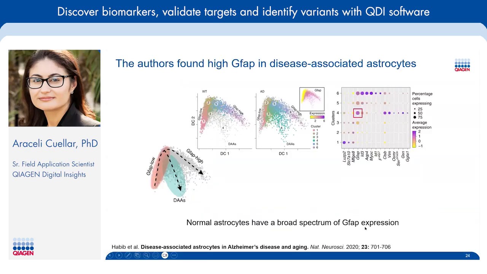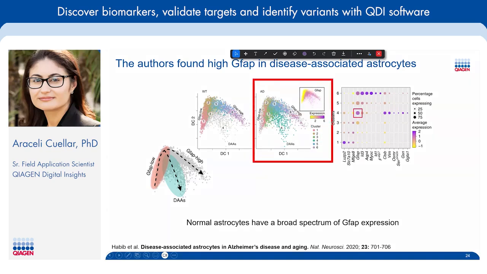Now, in this publication, the authors found GFAP expression in disease-associated astrocytes. And so in the disease-associated astrocytes, if we take a look at this chart right here, which represents cluster 4, there was an increase in this population, which has a high expression of GFAP.